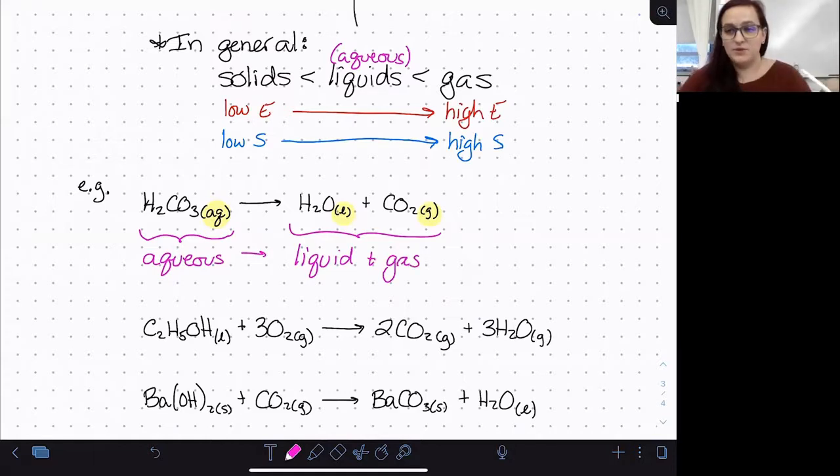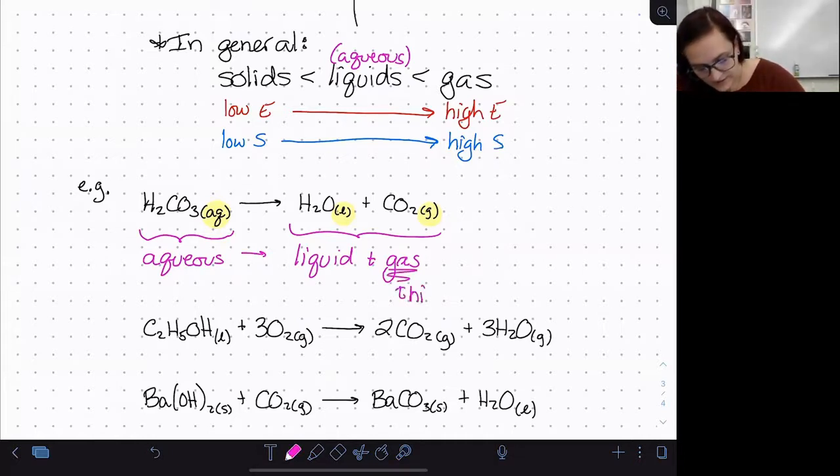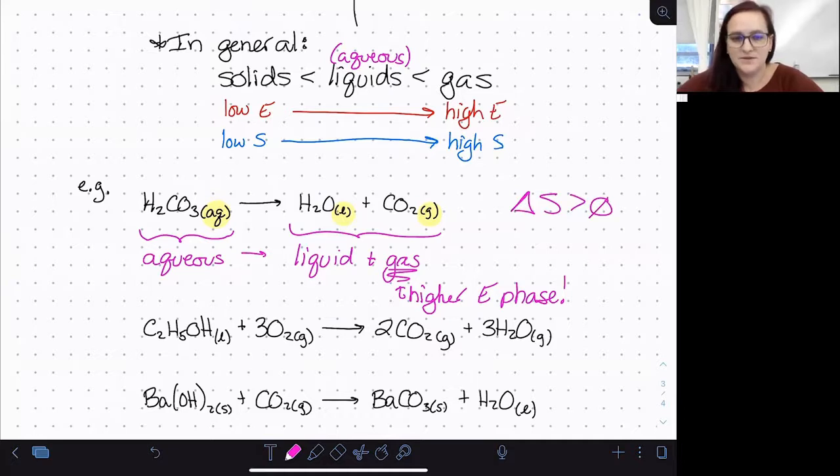So aqueous to liquid is pretty much no change, but this formation of a gas is going from something that's aqueous only on the reactant side to something pretty similar, a liquid, and a gas is much higher on the product side. So a higher energy state is going to give us more possible ways to arrange that energy, more possible microstates, and is higher in entropy. So this is our higher energy phase here, which is telling us that delta S is likely positive for this reaction.